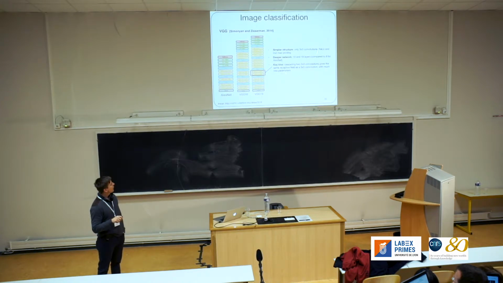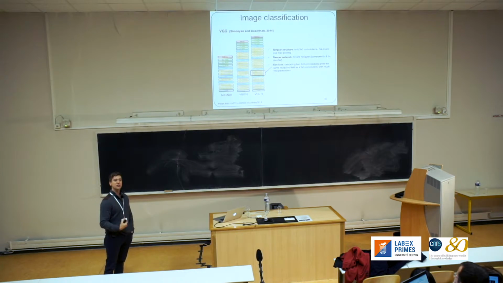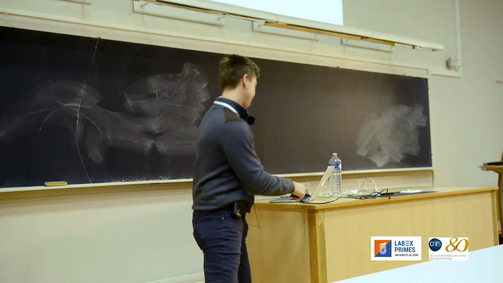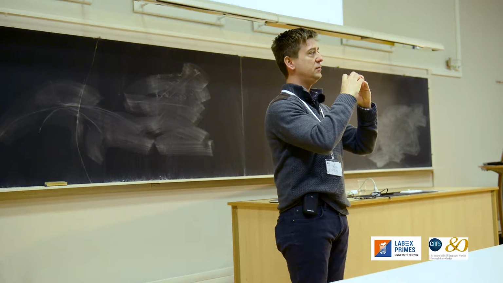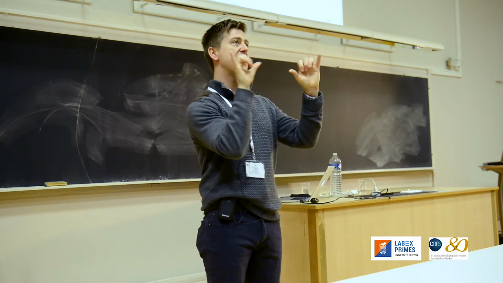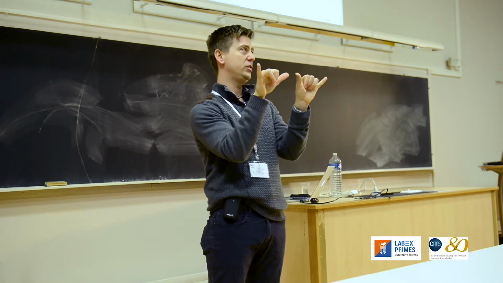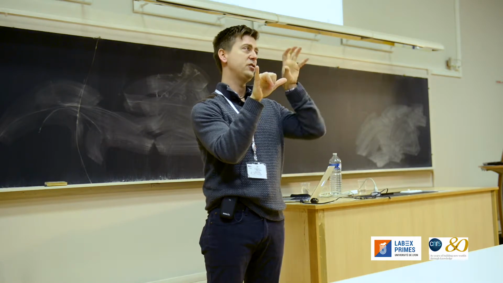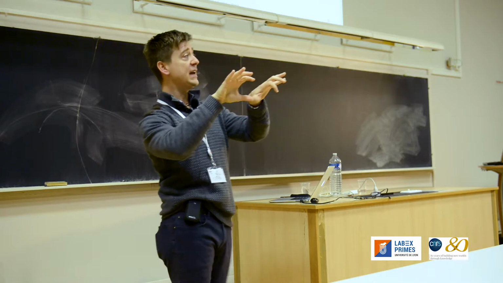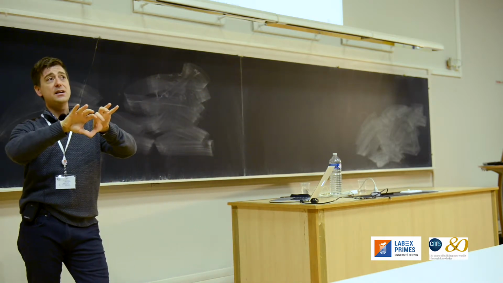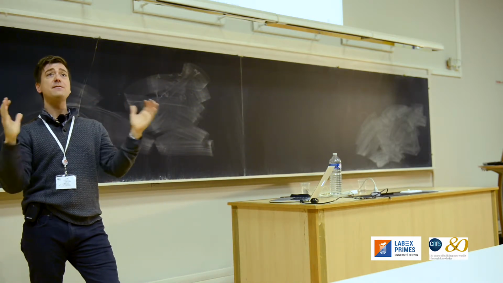So how is it that using only these simple convolutions, you can achieve deeper architectures? Well, the idea is this. If you take a 3 by 3 convolution and you cascade another 3 by 3 convolution, what you get is potentially the same as a 5 by 5 convolution.